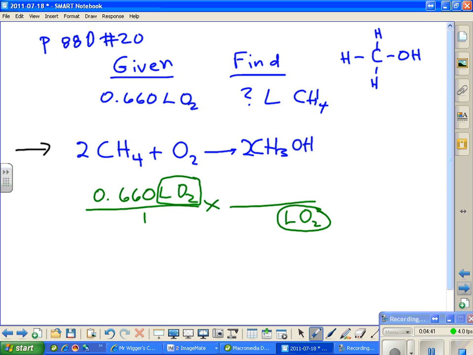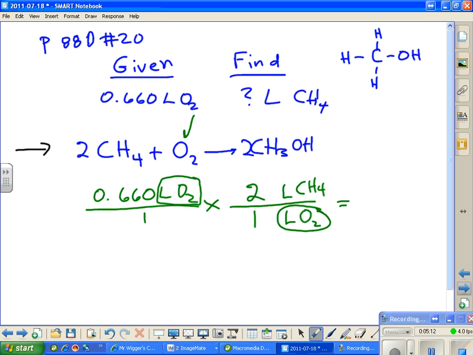Now we have to get the ratio. What's the number that goes with liters of oxygen? 1. The coefficient for this is a 1, and so that goes here. What are we trying to change to? Liters of CH4. And the number in front of CH4, or methane, is a 2.